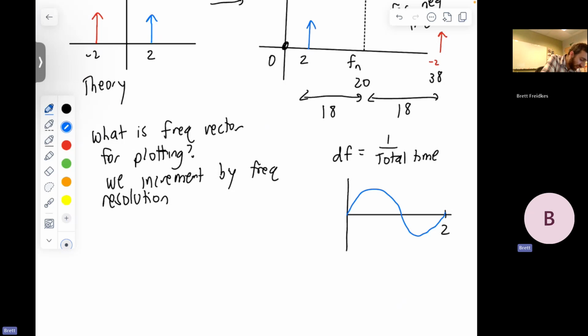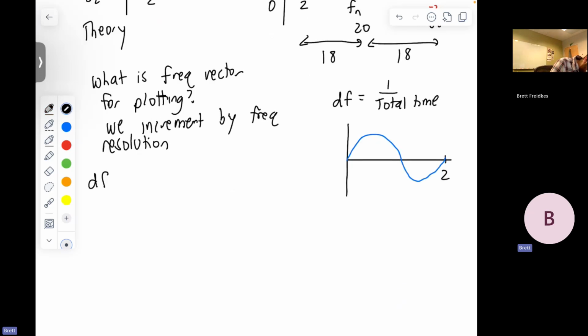If we go smaller than that, well, I can't fit it if my frequency is too low. So if we basically say our total time is the period of our smallest frequency, we can see that our frequency resolution is just the inverse of the total time.